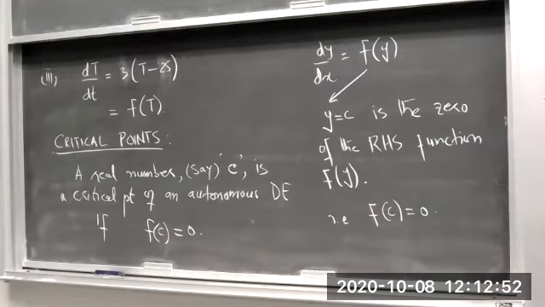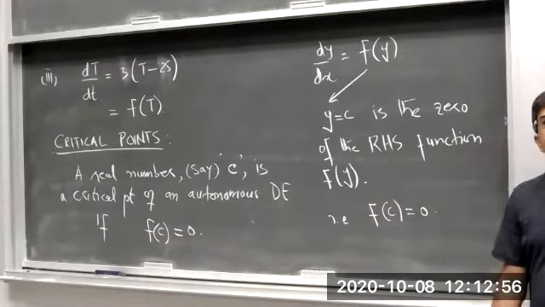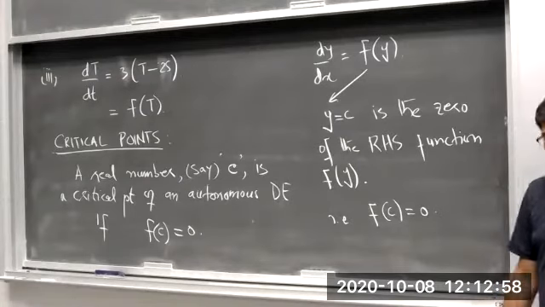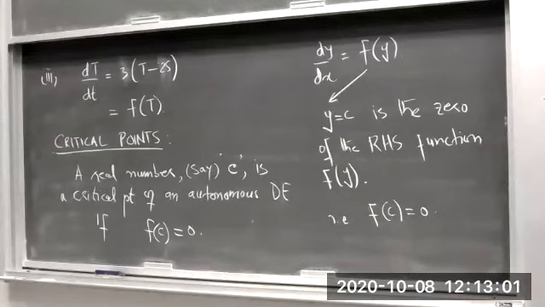So a critical point of any autonomous differential equation is that point at which the right-hand side function is 0.